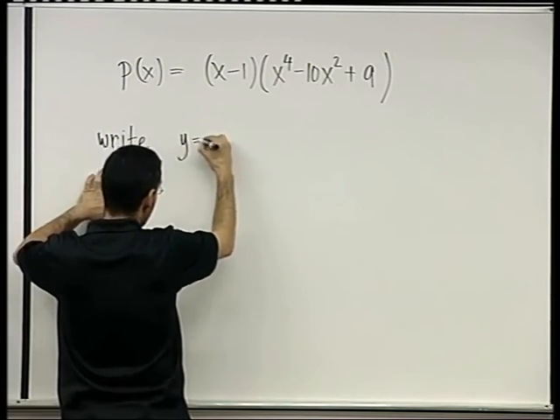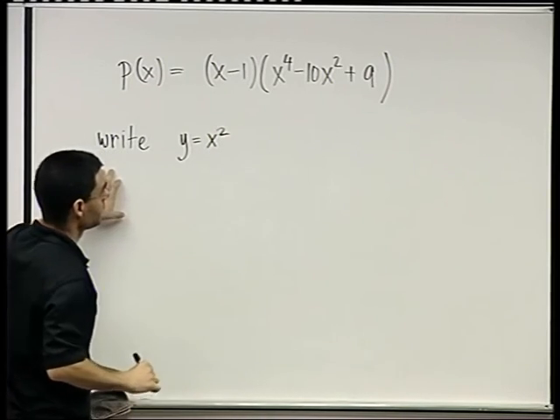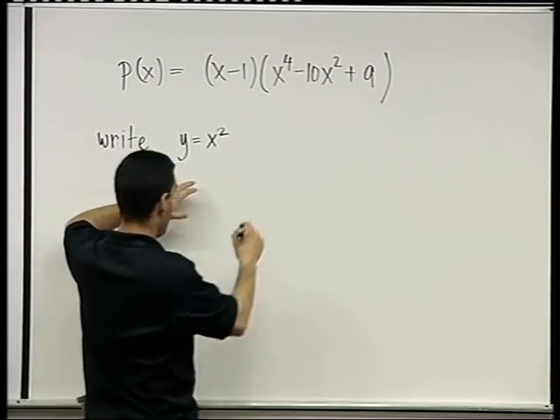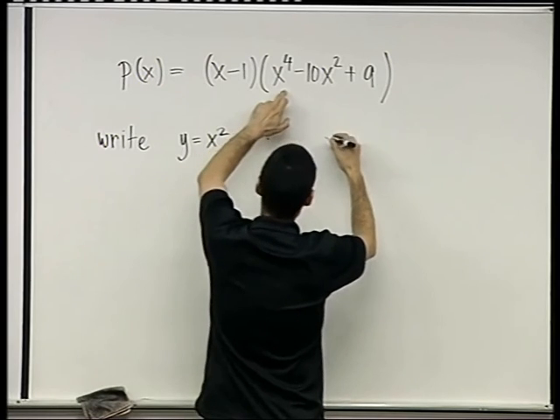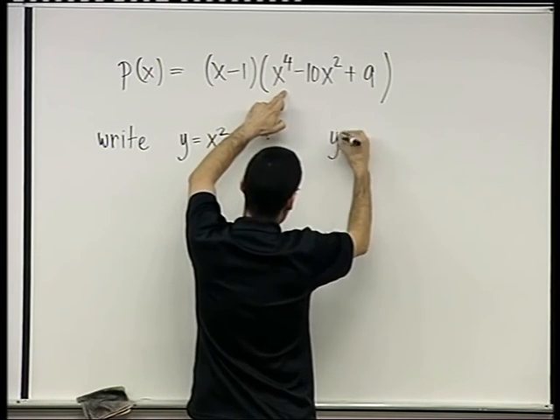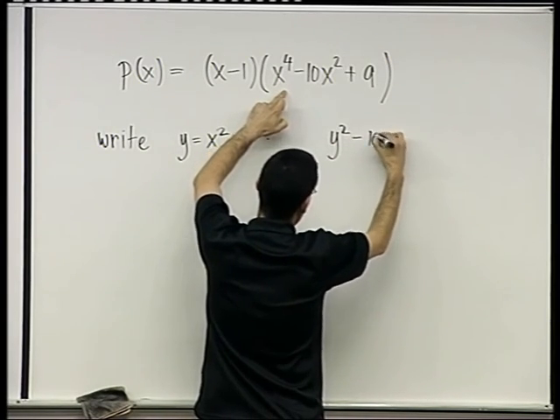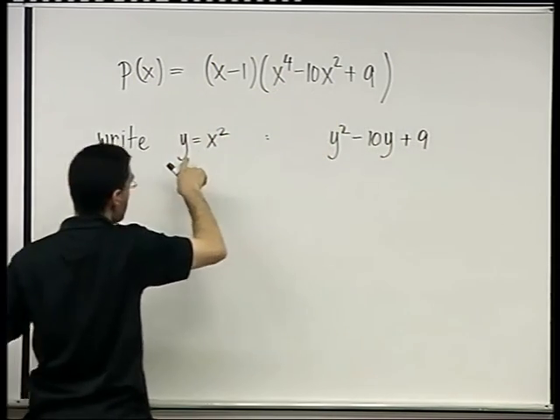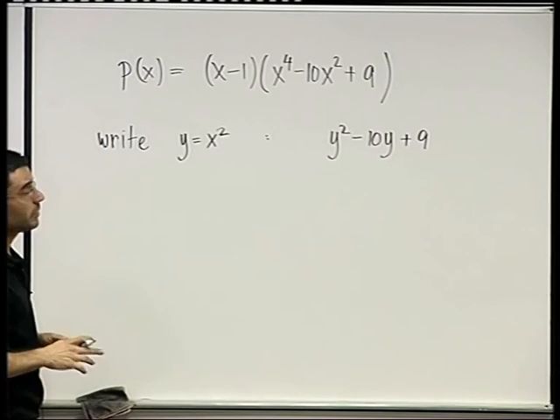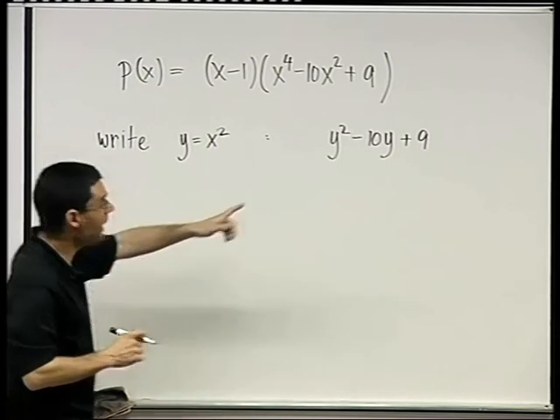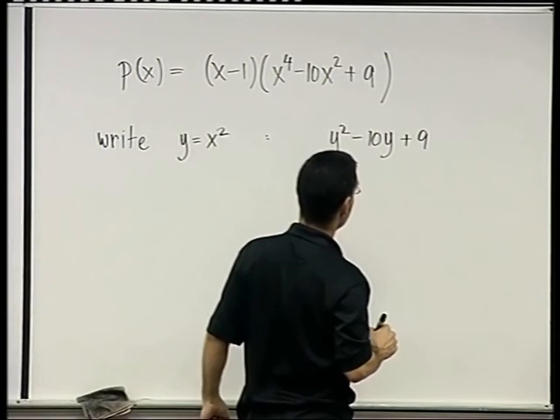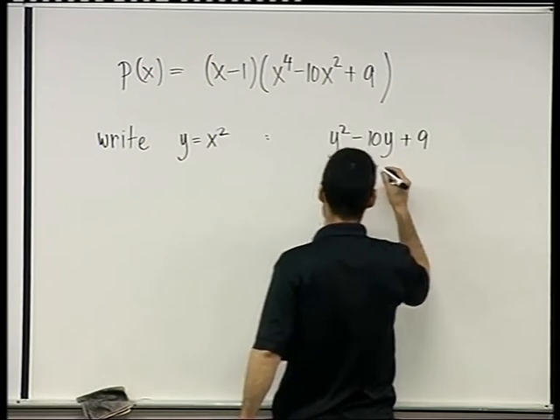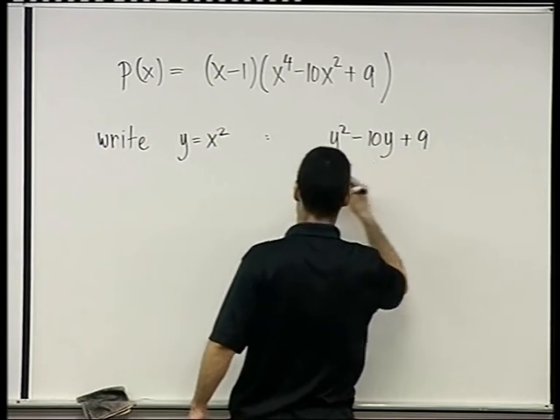Write y equals x squared, temporarily. So this polynomial is going to be y squared minus 10y plus 9. That's this polynomial when we write y for x squared. Do you agree? And then find the roots for this one.